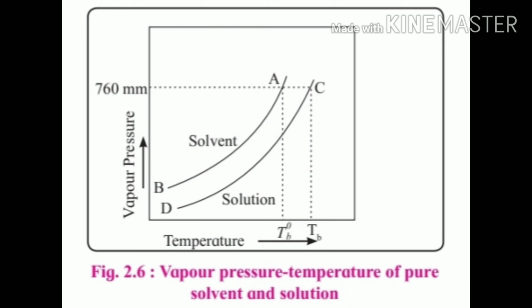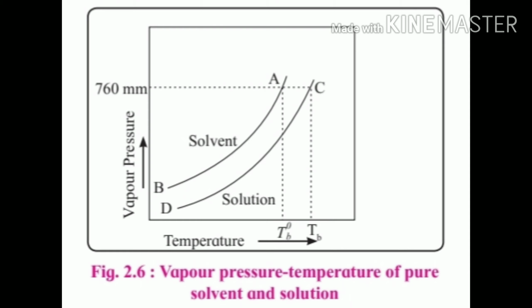You will observe that the boiling point of the solvent is less as compared to that of the solution. Now, if you look at the curves, then we need to heat the solution at a higher temperature.